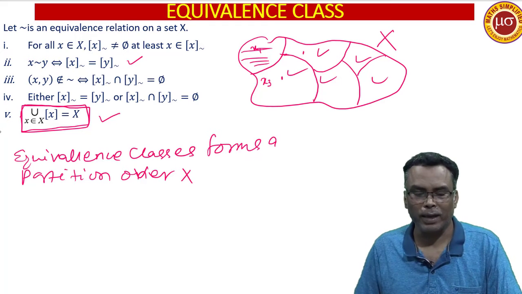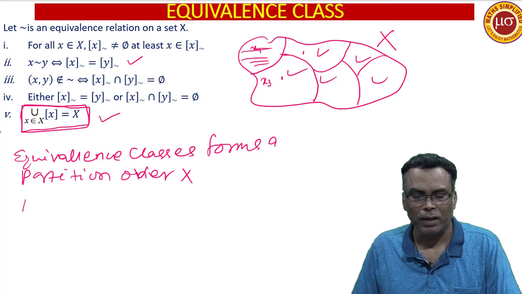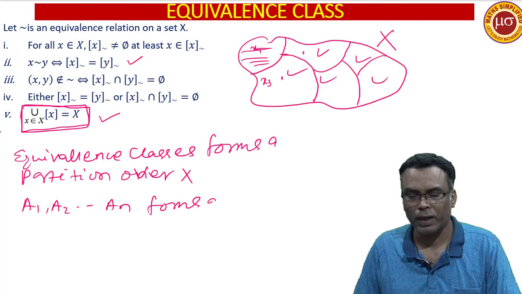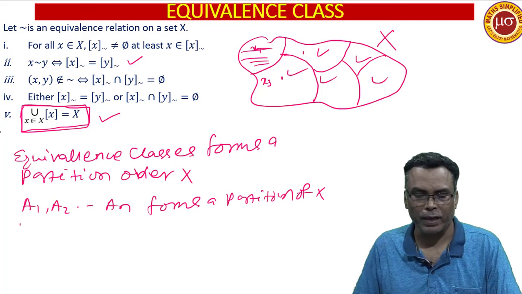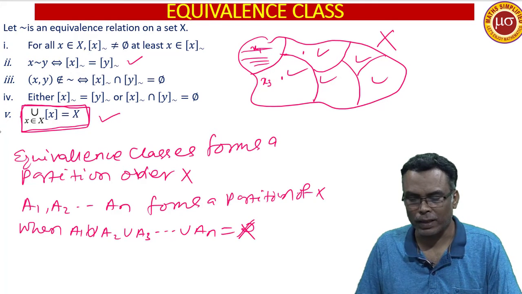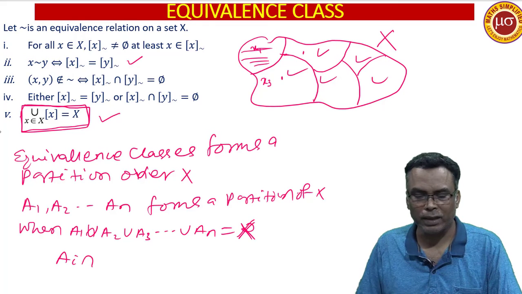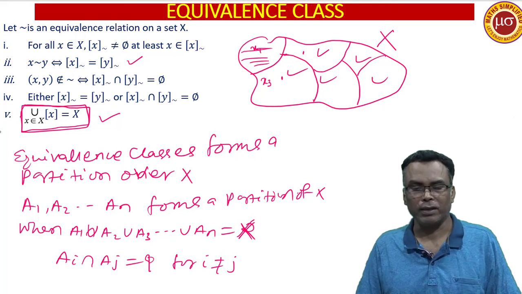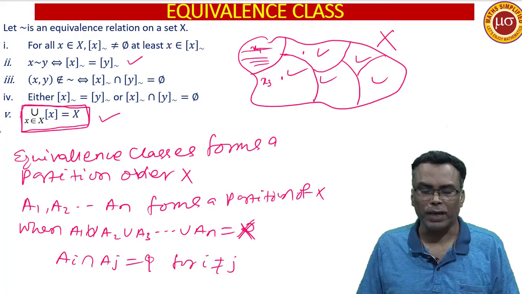And in mathematical language, what is the meaning of partition? A1, A2, ..., An form a partition of X when A1 union A2 union A3 ... union An is the total set X, and Ai intersection Aj is phi for i not equal to j. Taking any two of them, their intersection is empty, and taking the union gives the whole set.